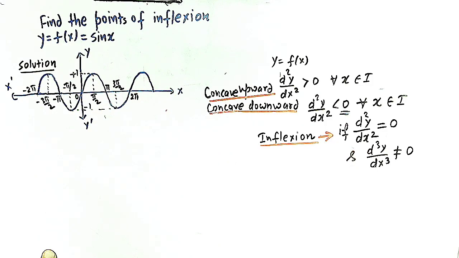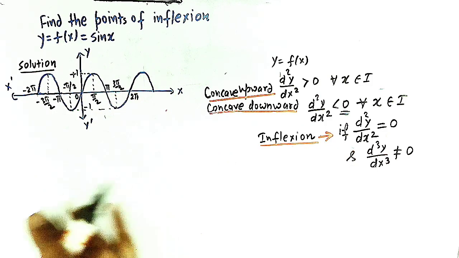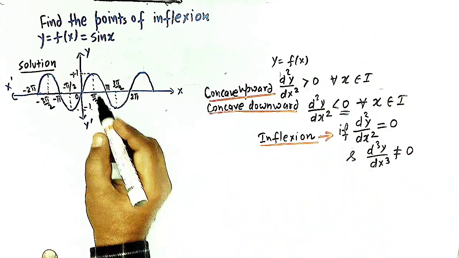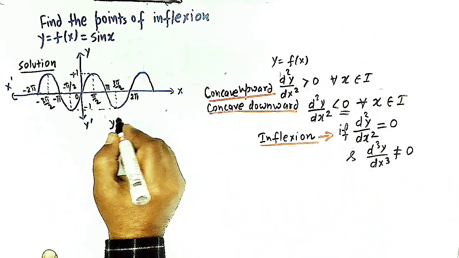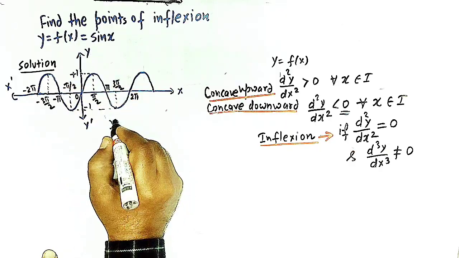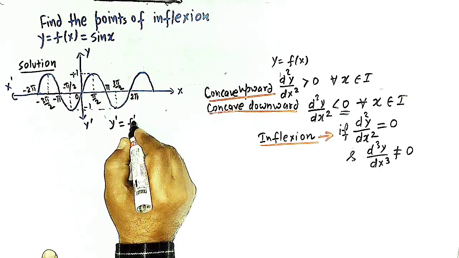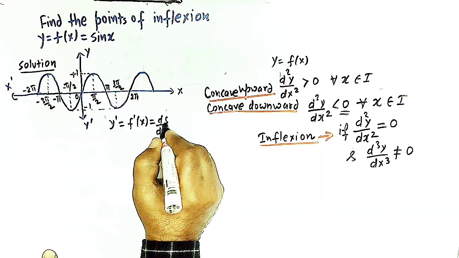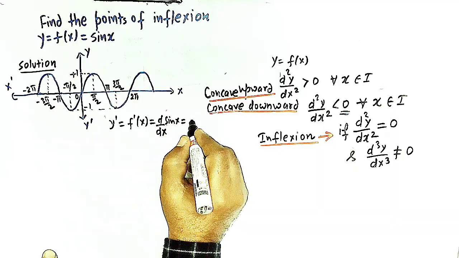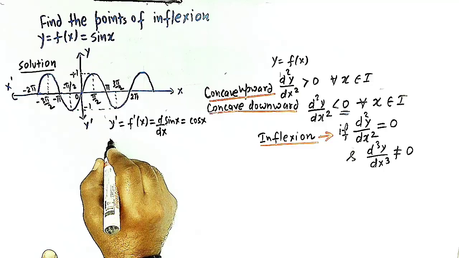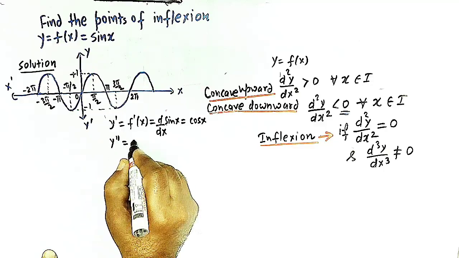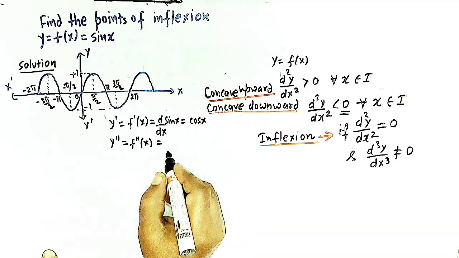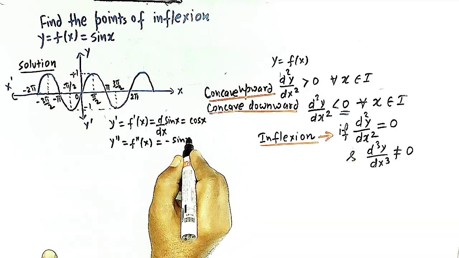So let us find out the points of inflection, right? So we'll follow this working rule. Let us first find out the first derivative of sine x. So y prime is f prime of x, that is d by dx of sine x, that is equal to cosine x. Then we find the second derivative, and here the derivative of cosine x is minus sine x.